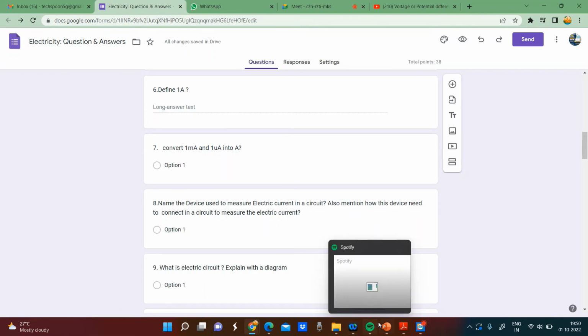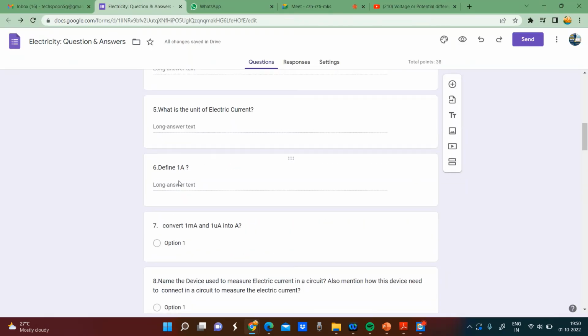Sir, the sixth question. Sixth question we have written, right? Define 1 ampere. Sir, 1 ampere is equal to 1 coulomb by 1 second. The definition says if 1 coulomb of charge flowing in 1 second time, so 1 coulomb by 1 second. Yes, sir, 1 ampere is equal to 1 coulomb by 1 second.